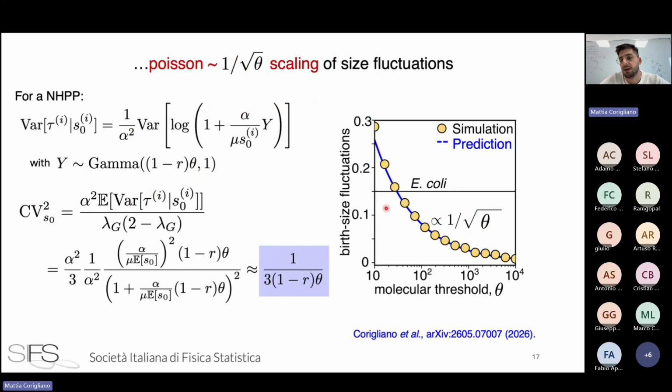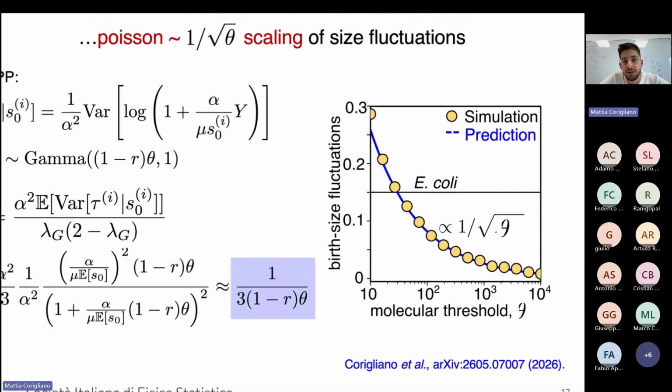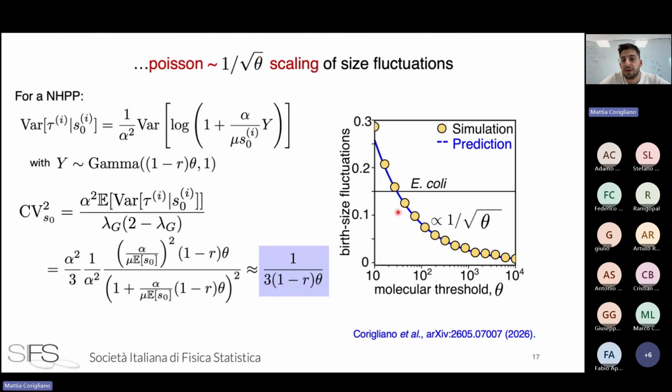And so we can then see what is the amount of proteins you need to match the fluctuation you predict with this kind of model with the empirical ones, which, I remind you, are around 10 to 20%. So you need around 20 to 30 molecules to produce the empirically observed fluctuation.